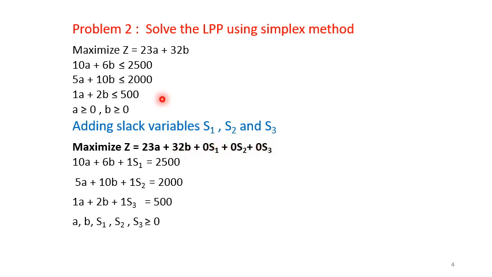And the same slack variables will be introduced in these three constraints. In the first constraint, 10A plus 6B, you have to convert this inequality sign into an equality sign. So you are adding slack variable S1 to the first constraint. So 10A plus 6B plus 1S1, the coefficient of this slack variable S1 will be 1.